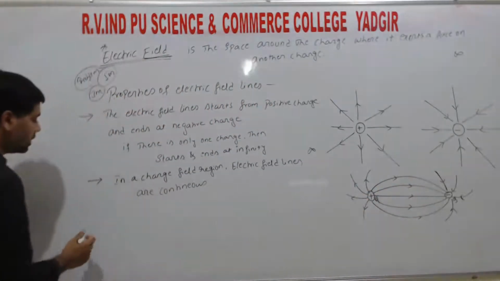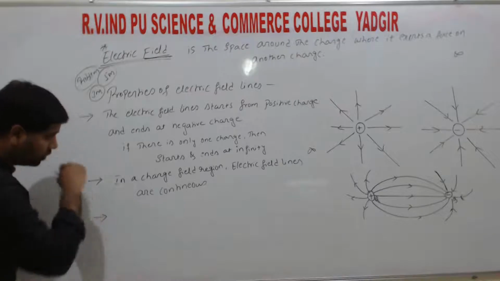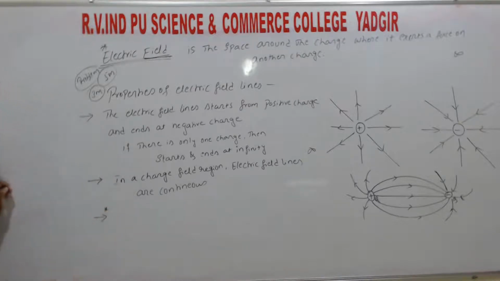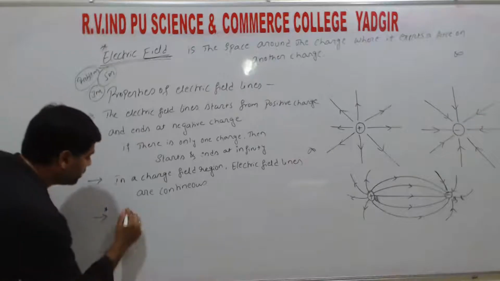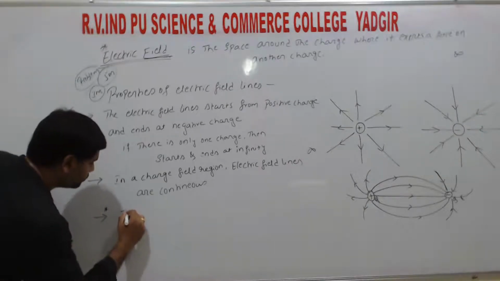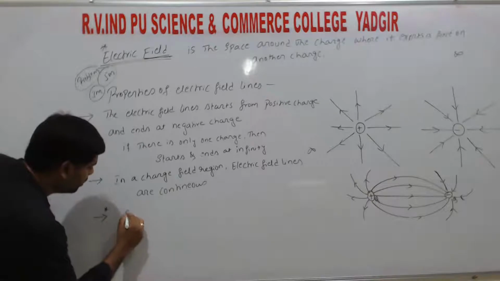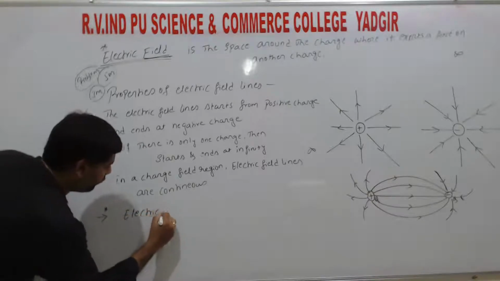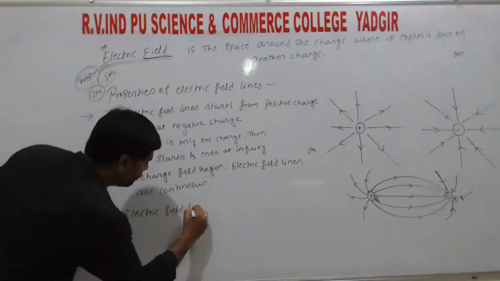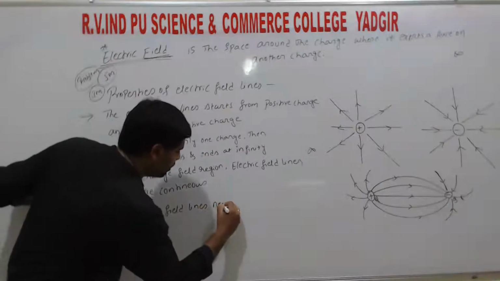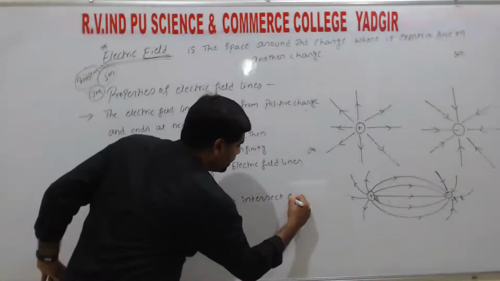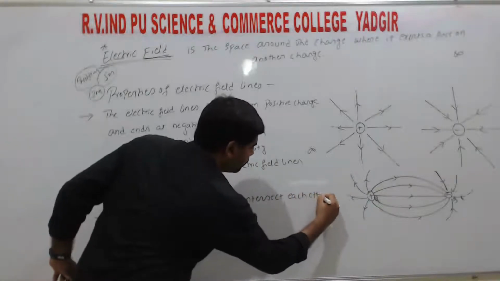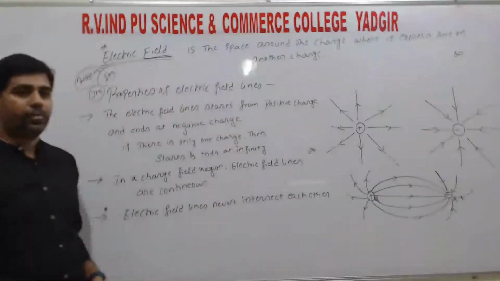Next, the third one is important for 1 mark also. They ask several times, for 1 mark. Electric field lines never intersect each other, right?